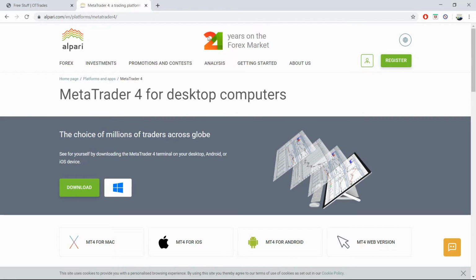So you can test 21 years worth of data. Obviously we're in 2020 at the moment. 21 years of data, which obviously increases the accuracy of your backtesting results. So go ahead and download the MetaTrader 4 application from Alpari.